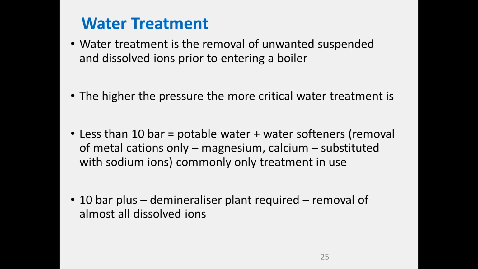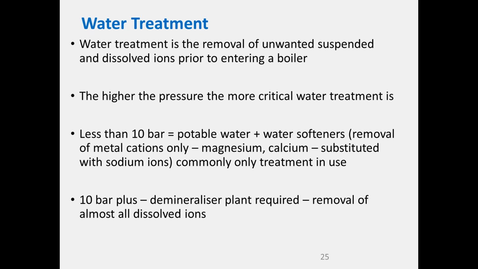And this is because as you increase the operating pressure of a boiler, your tolerance, I guess, for cycle chemistry problems goes down and down and down. Partly that's because the higher the temperature, the faster the reaction rates. Solubilities change with pressure and temperature as well. So normally, for boilers less than 10 bar or around 10 bar, you want potable water. Potable water's had most of the suspended solids removed.